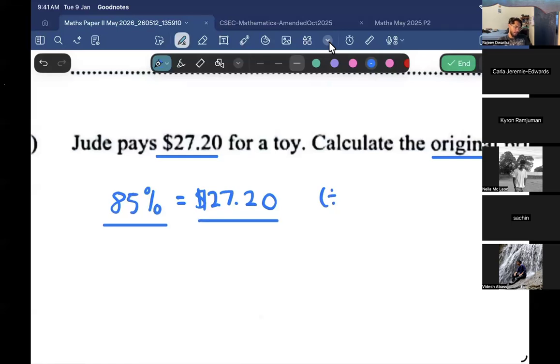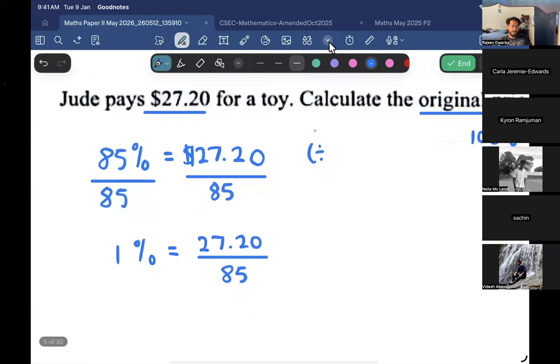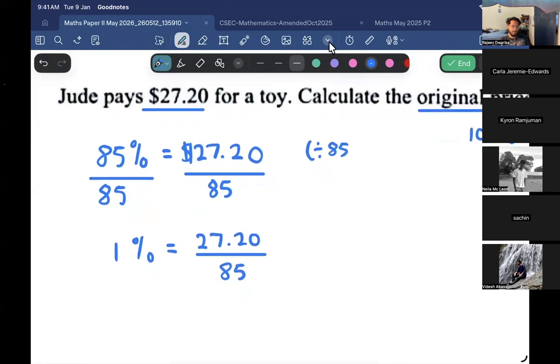27.20, and I divide by 85, because 85 over 85 is 1%. So 1% is just 27.20 all over 85. And if I know what 1% is, how would I find for 100%?